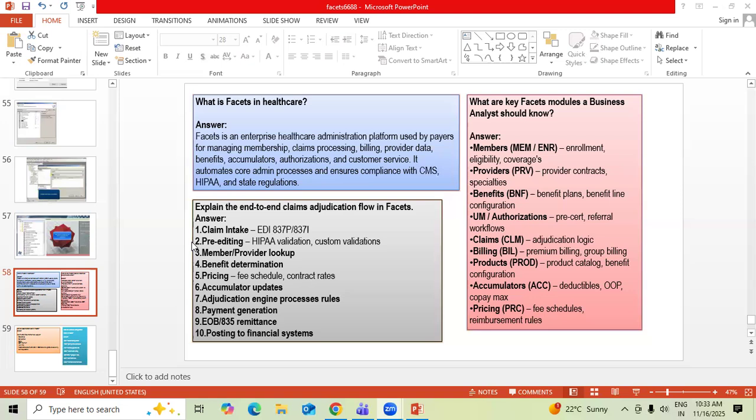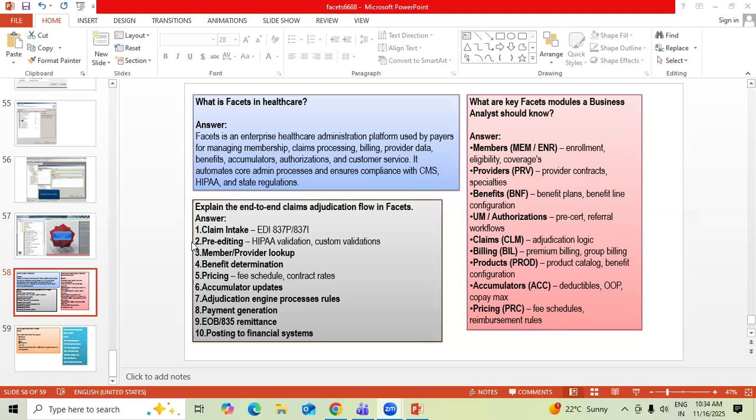Now, when it comes to the end-to-end adjudication process in Facets, the first step is claim intake, which normally happens using EDI, either 837P for physician or 837I for institutional claims. Next, we do the pre-editing, where HIPAA validations and custom validations happen. Next, member as well as provider lookup is managed. Next, we evaluate the benefit determinations, including pricing, either fee scheduling or contract rates.